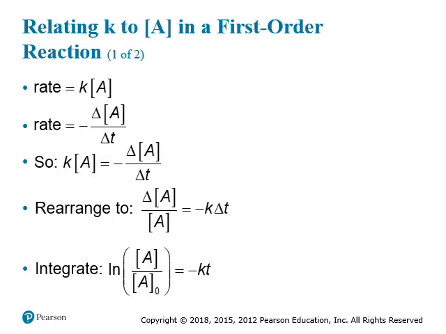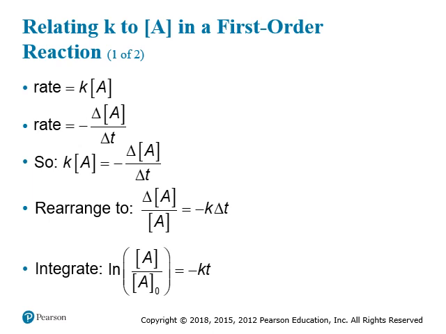What is the relationship of the rate constant to the concentration of a species in a first order reaction? Well, if we look at the rate expression via the rate law, we see that the rate is equal to K times the concentration of A. At the same time, the rate is given by the change in concentration of A with respect to time.